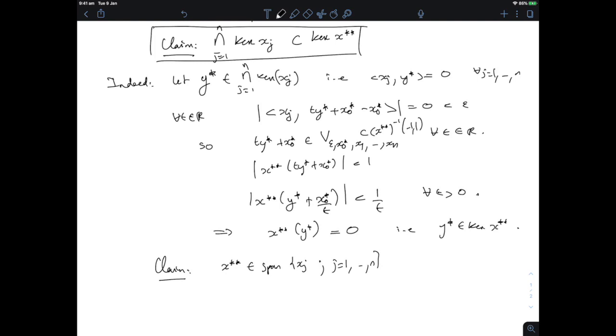So x can be identified with a subspace of x double star just by acting on x star in the obvious way. But that will tell me that any element of x double star, the a priori bigger space, actually is a linear combination of elements of x, therefore can be identified with x itself. So this will conclude the proof.